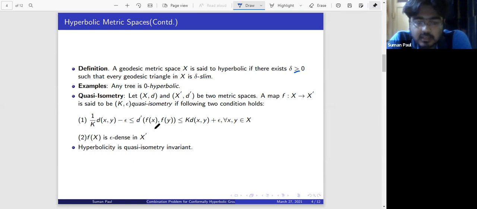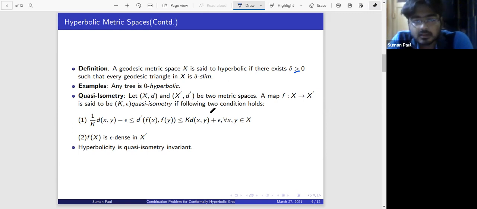That is, if I take any point of X prime, then we can find a point in the image which is epsilon distance away. Then you can show that if X is a hyperbolic metric space and (X prime, d prime) is quasi-isometric to (X, d), then X prime will also be a hyperbolic metric space. Obviously, the delta will be different for X prime, but you can find a uniform delta.